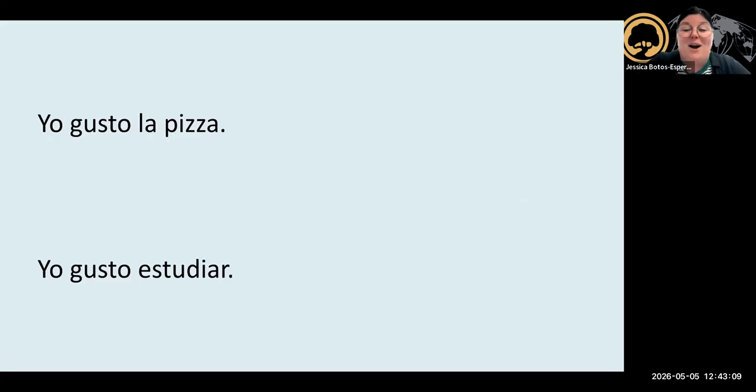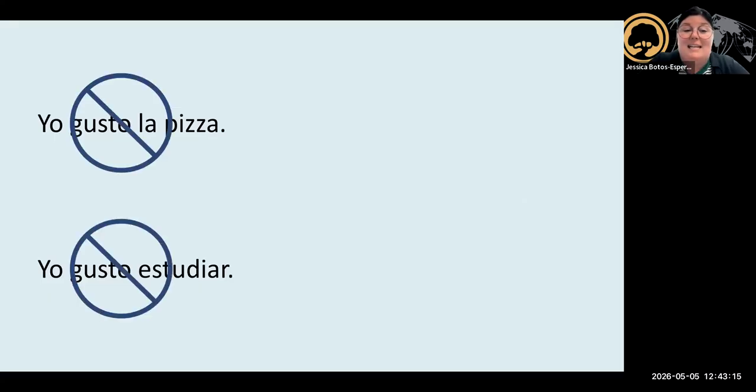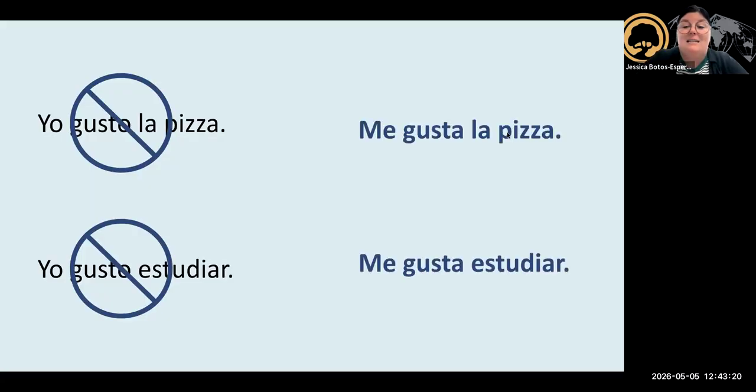Well, these are wrong because gustar does not work like normal verbs. So to correct these sentences, we would say, me gusta la pizza. Me gusta estudiar. Remember, we have to have both pieces of the verb gustar in order for it to work.